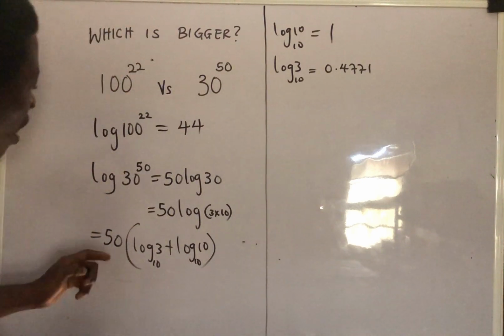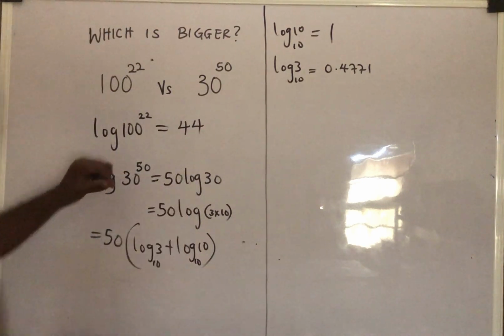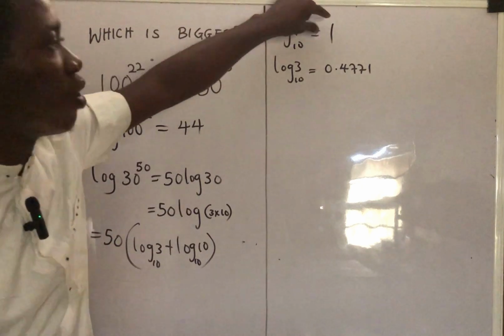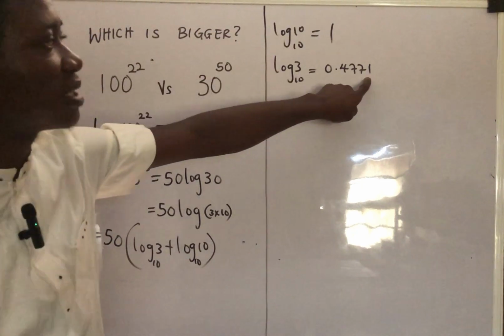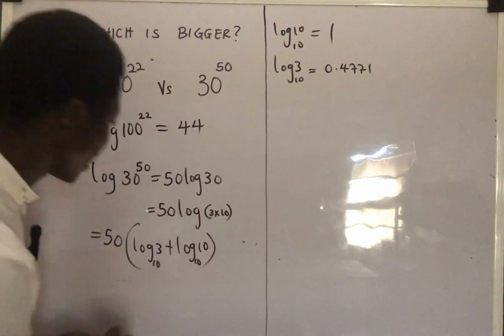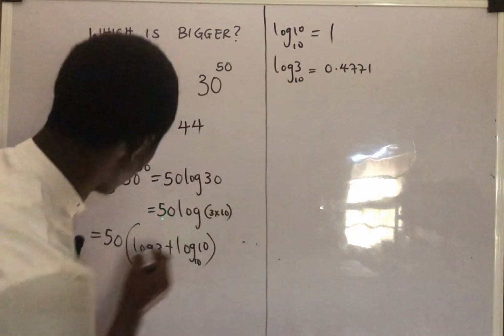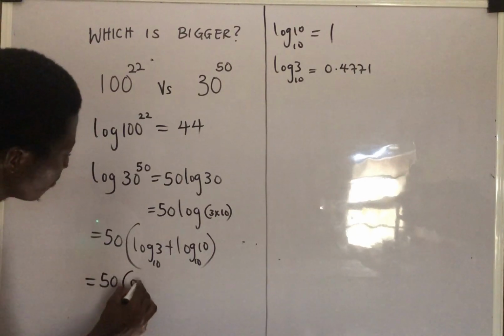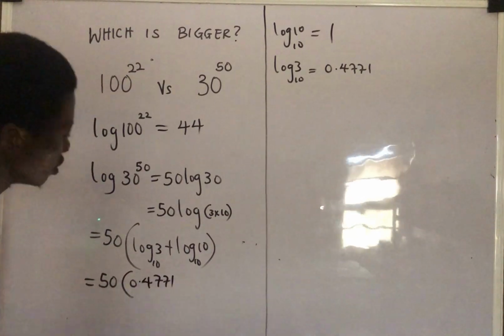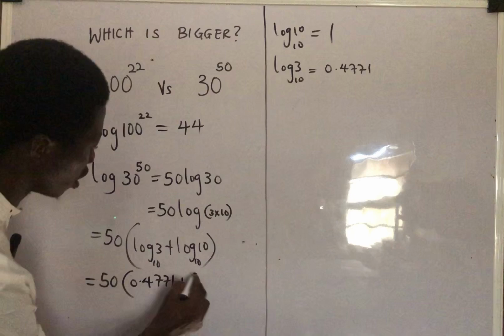Now, how do we do this? Now that we have recorded that log 10 base 10 is 1 and log 3 base 10 is 0.4771, we can now substitute here. We now have 50 into 0.4771 plus 1.